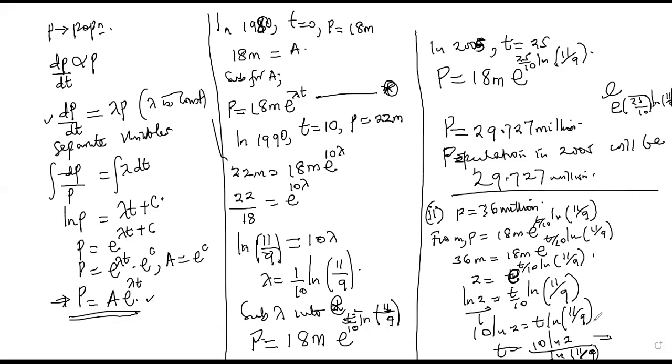How long will it take? T will be equal to 34.54 years. So you conclude that it will take 34.54 years for the population to reach 36 million.